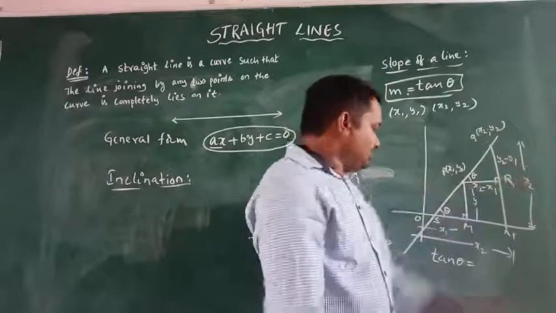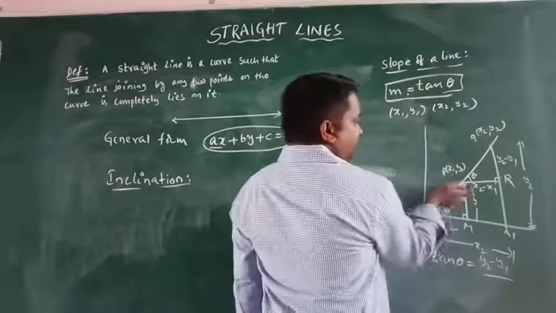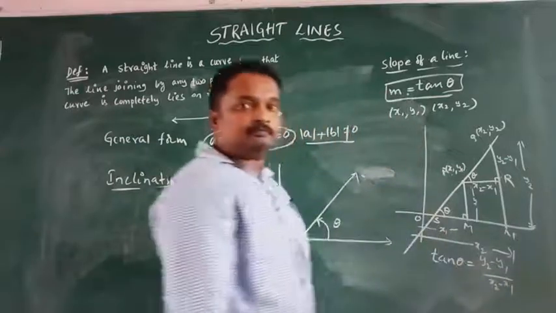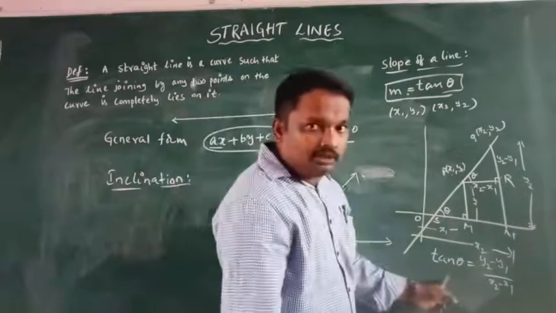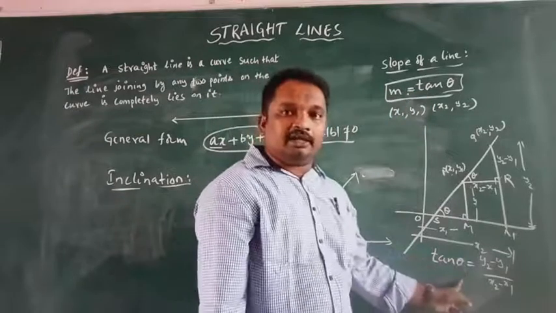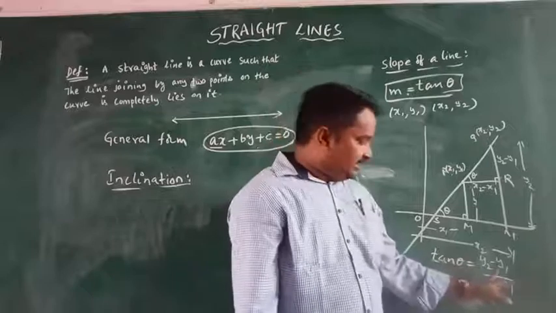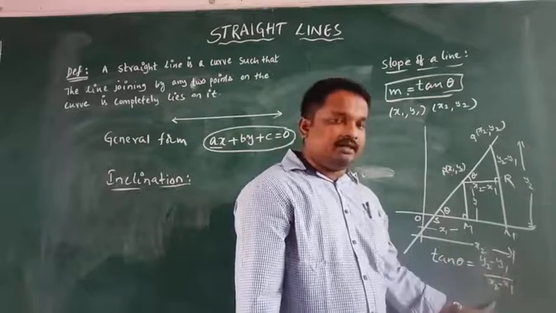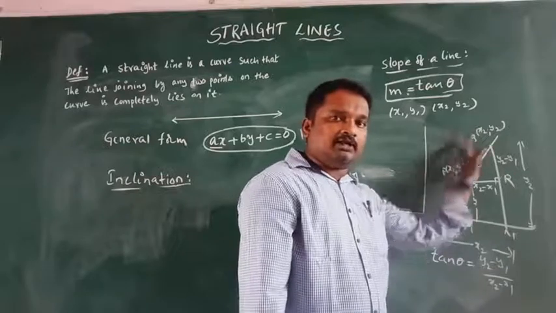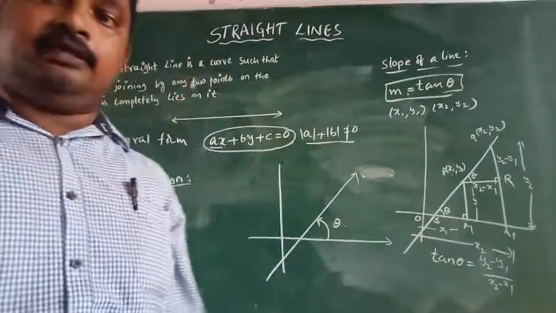So QR value y2 minus y1 by PR value x2 minus x1. Tan theta we already represent with m, which is the slope of a line. So the slope of a line is y2 minus y1 by x2 minus x1, where x1, y1 and x2, y2 are the 2 points on the line.